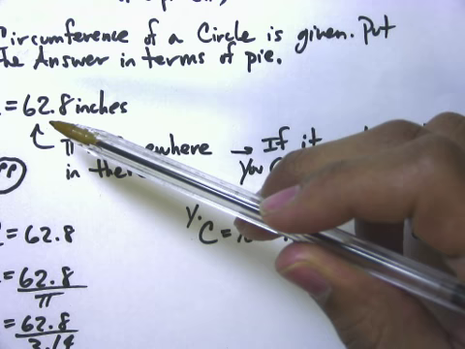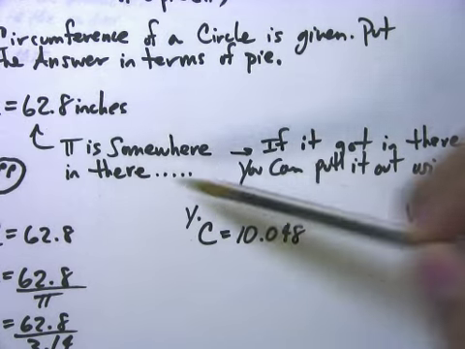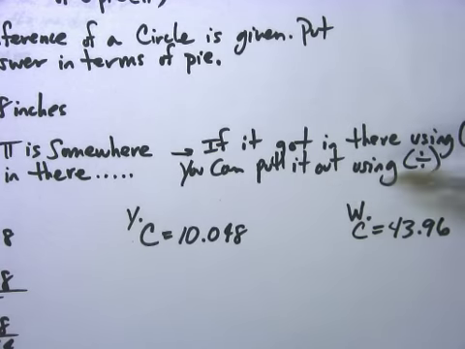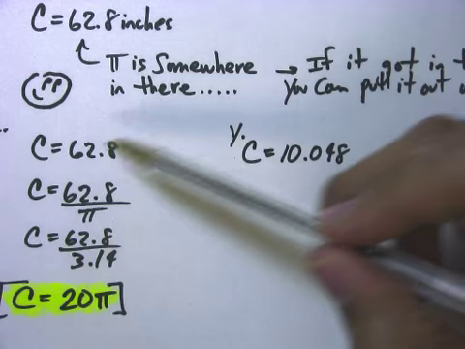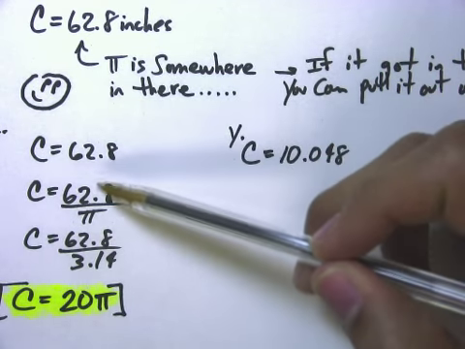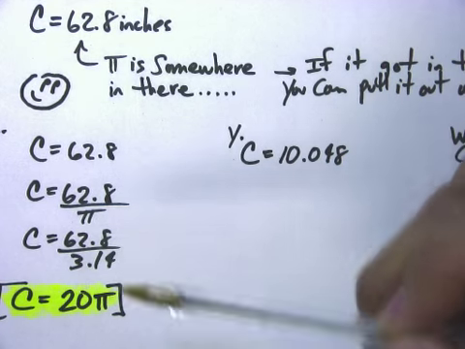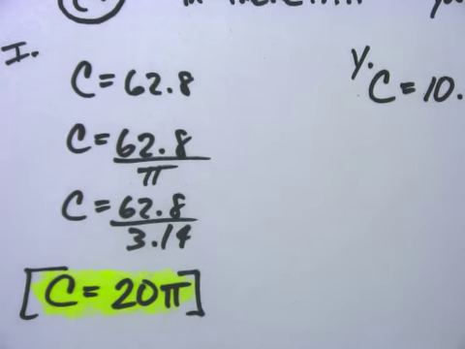It's equal because you multiplied 2 pi and r, right? So if we use multiplication to get the number and get it in there, we can use division to pull it out. So here's the thing to remember. If your circumference is 62.8 and you want to pull out a pi, well then all you have to do is divide it by pi.